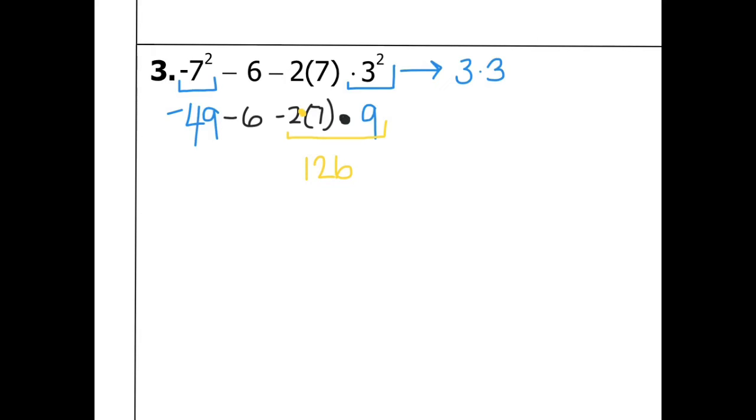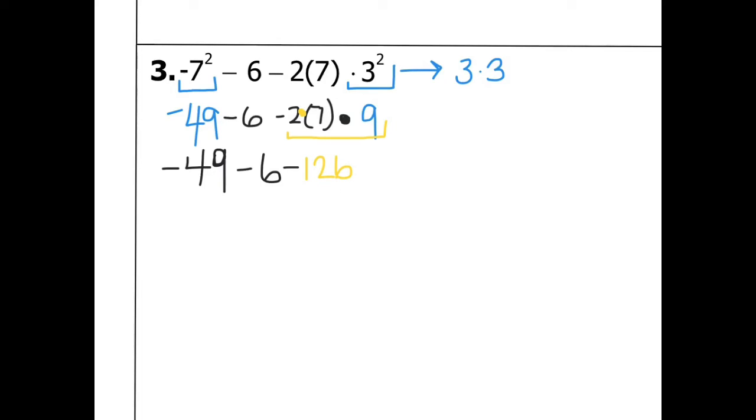Okay, so we're getting into some big numbers, but everything is still so far in my multiplication table. So bringing down all the other unused pieces so far, I want to make sure that I capture this minus that was here right before my work. So I have to get that minus in here. Now I've got negative 49 minus 6 minus 126.